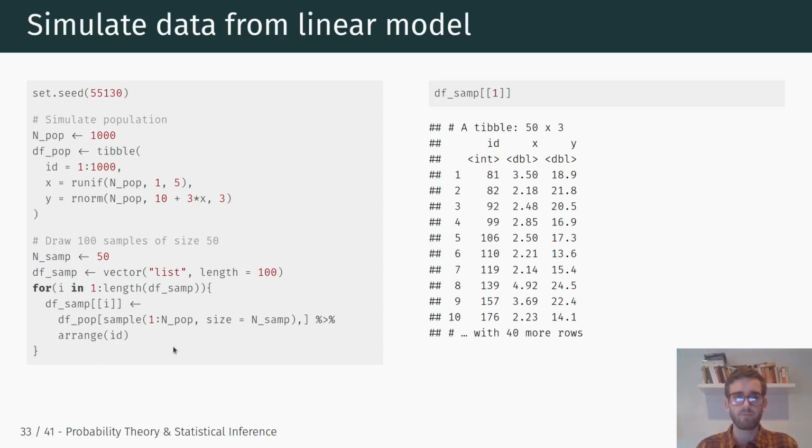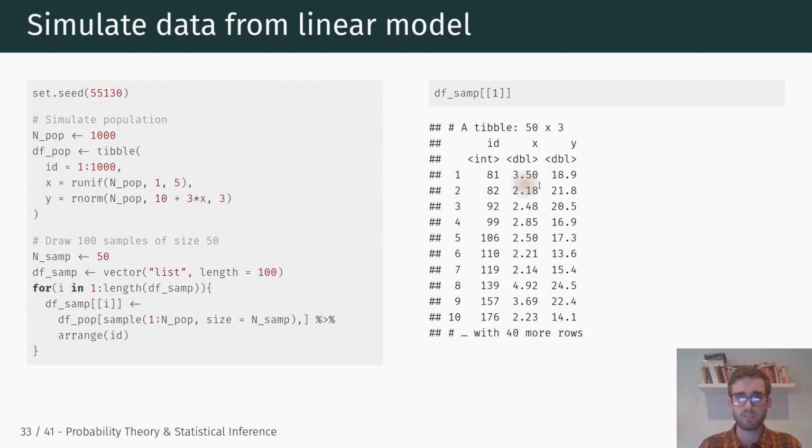Okay, so what does one individual data set constructed like this look like? df_samp is a list, and we use two brackets to select elements from a list. The first sample that we collected from this population that we generated using simulation is just a 50 by 3 tibble.